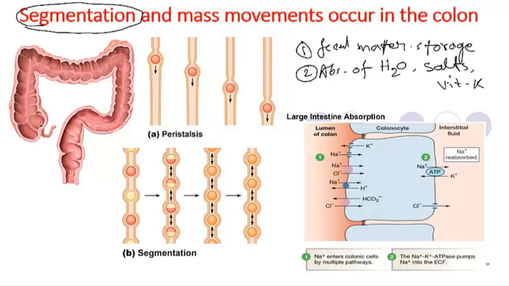Between the ileum at the very end and the beginning of the large intestine, there is another sphincter known as the ileocecal sphincter. Let's say here it's the small intestine. The ileocecal sphincter opens to allow the chyme to enter into the cecum.